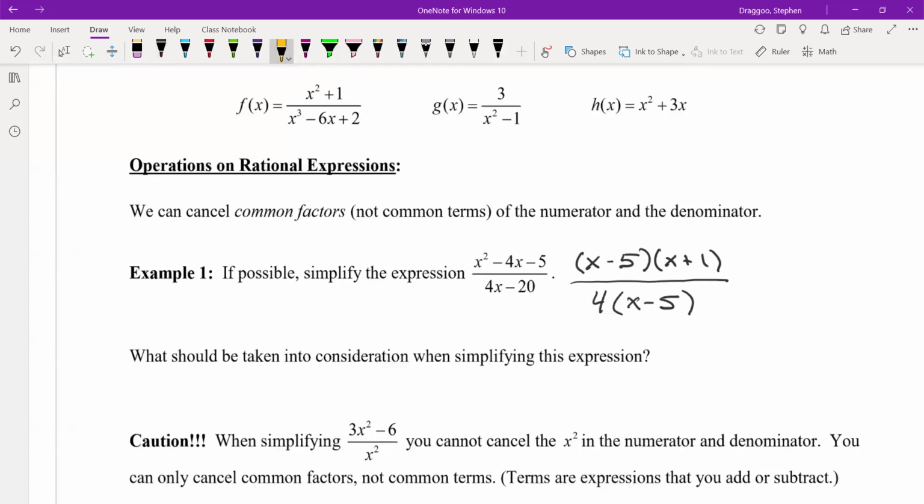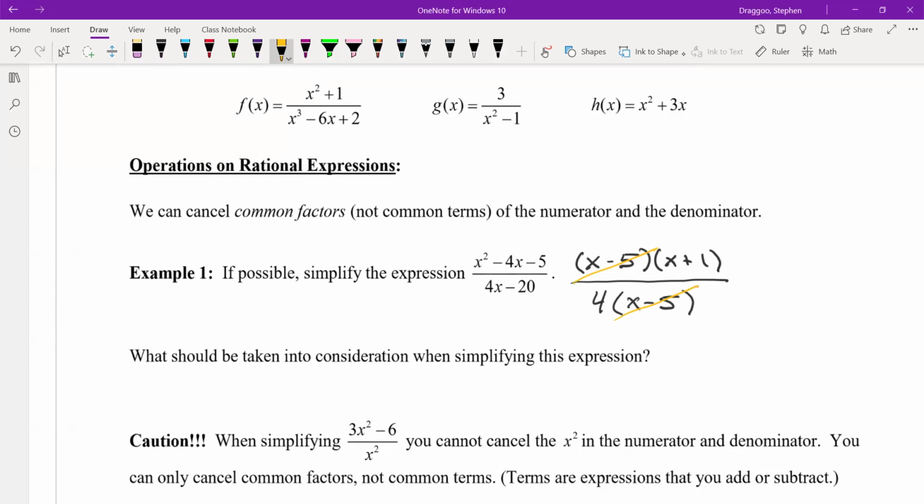And now I can start reducing between top and bottom. Any common factors that are in both top and bottom can be removed. Notice that everything is being multiplied together, and I'm going to be canceling out entire factors. Earlier, when things were added and subtracted, there wasn't anything I could cancel yet. I had to first factor everything out before I could start reducing my common factors.